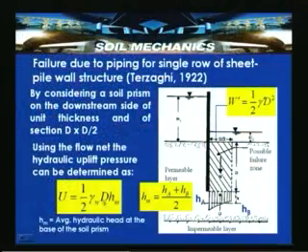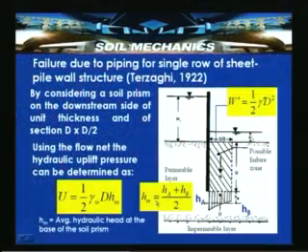So, W dash is equal to half gamma dash D square, and the hydrostatic uplift pressure can be estimated by using U is equal to half gamma W D Hm. Suppose points A and B are at the tip of the sheet pile wall, say A, and at a distance D by 2 from the sheet pile wall, say B. The total head available at A is HA, and the total head available at B is HB.